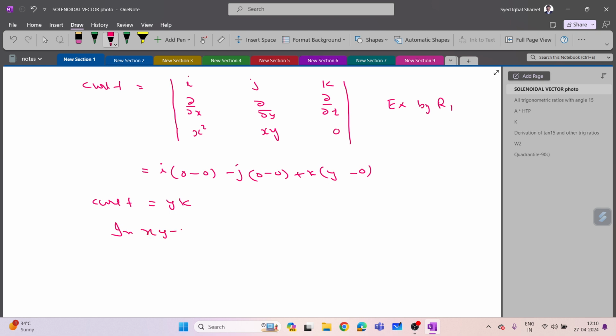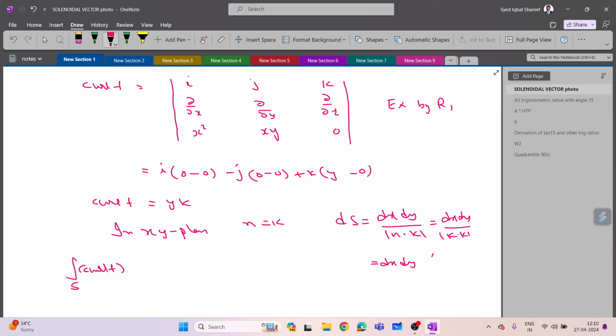In the xy plane, n equal to k and ds equal to dx dy by mod of n dot k. So this is dx dy by k dot k, which is same as dx dy. So the integration over the surface, curl f dot n ds, is the same as the double integral of yk dot k dx dy.